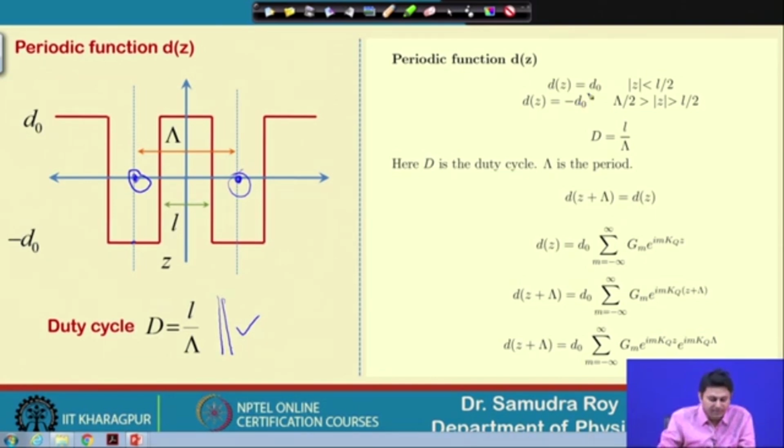D is equal to D0 when mod of z is less than L by 2. So, this point is L by 2, and this point is minus L by 2. So, from here to here the value of D is positive. When mod of z is greater than L by 2 but less than lambda by 2, we are basically considering from here to here and from here to here.